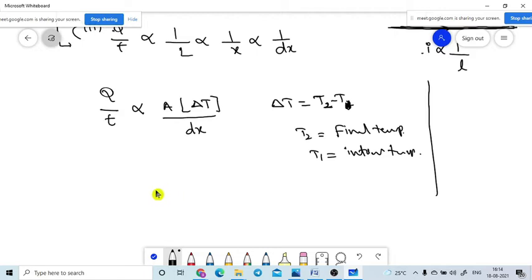Please concentrate here. If I remove this proportionality constant, Q by T means thermal current.